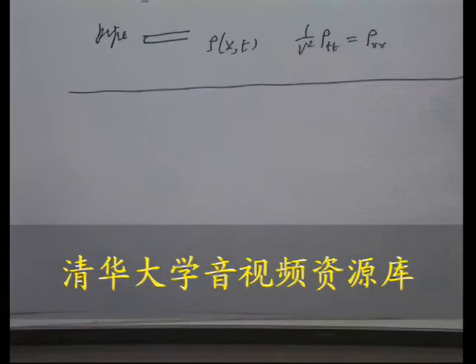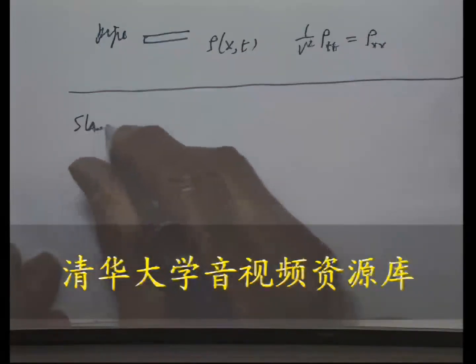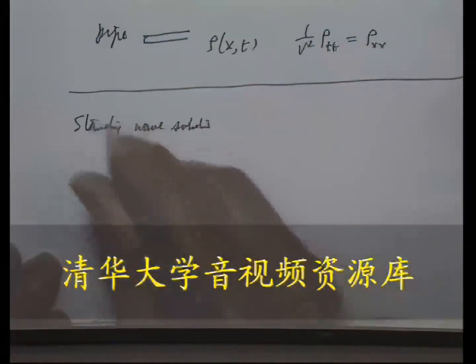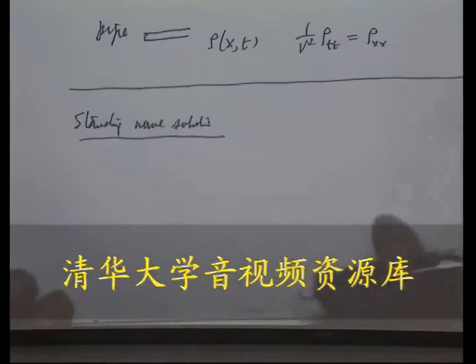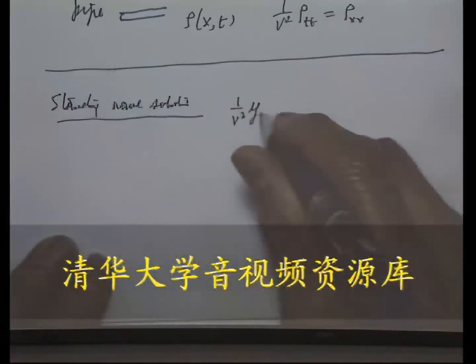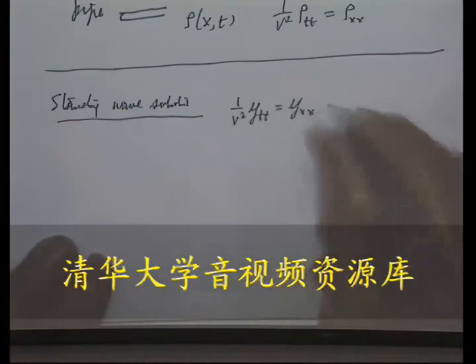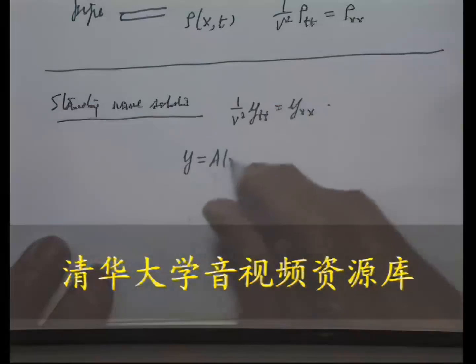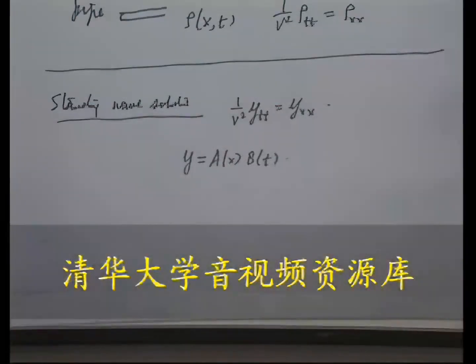Okay, now let's try to solve this equation. Not in general, but we discuss what is called a standing wave. We take the original equation, for the string. We assume y is a product function, a of x times b of t. It was originally a function of two variables, we assume it is a product of two functions, one of which depends only on x, the other depends only on t.